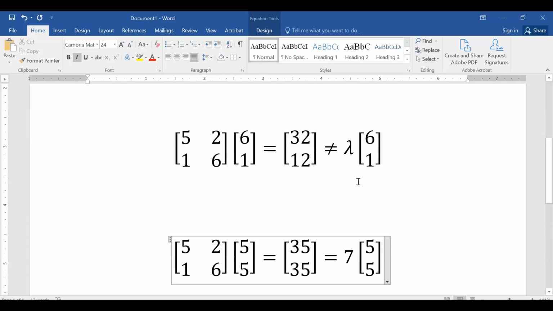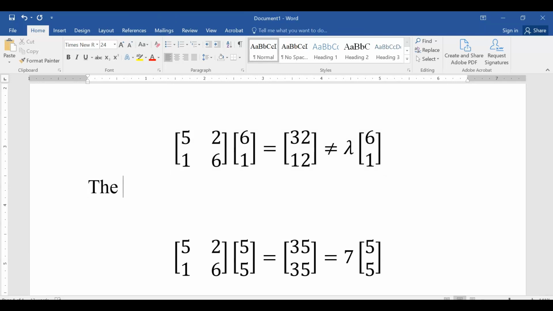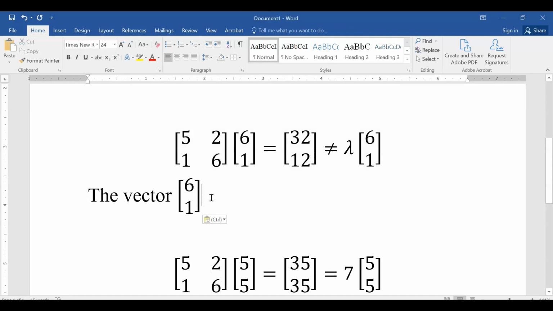And notice that is not a scalar multiple of the vector 6, 1. So in this case, we would say the vector 6, 1 is not an eigenvector, at least not for this matrix.